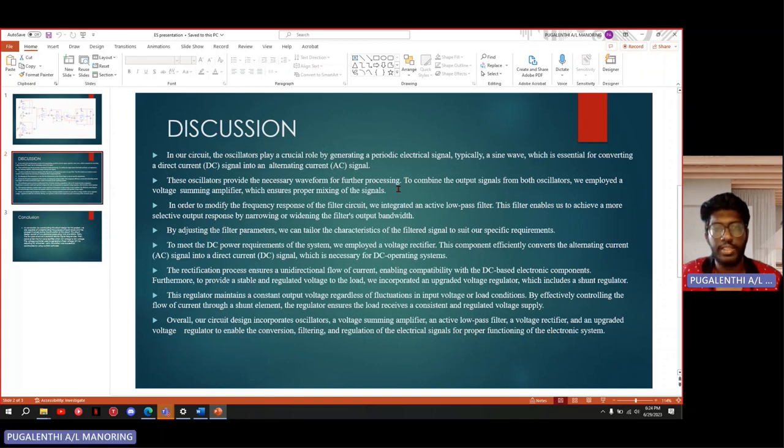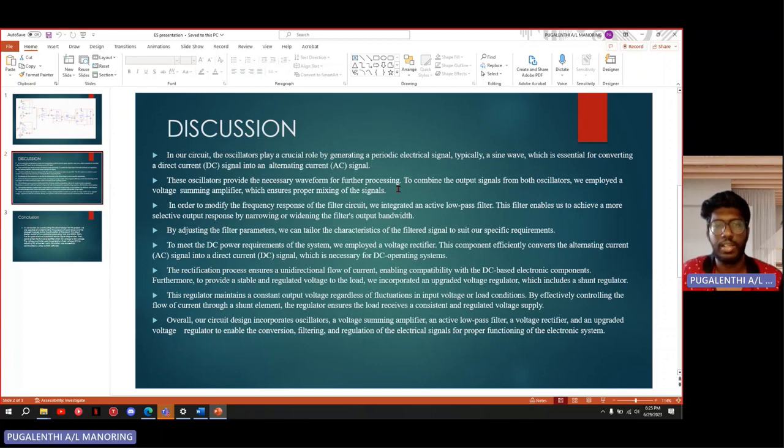Furthermore, to provide a stable and regulated voltage to the load, we incorporated an upgraded voltage regulator, which includes a shunt regulator. This regulator maintains a constant output voltage regardless of fluctuations in input voltage or load conditions. By effectively controlling the flow of current through a shunt element, the regulator ensures the load receives a consistent and regulated voltage supply.